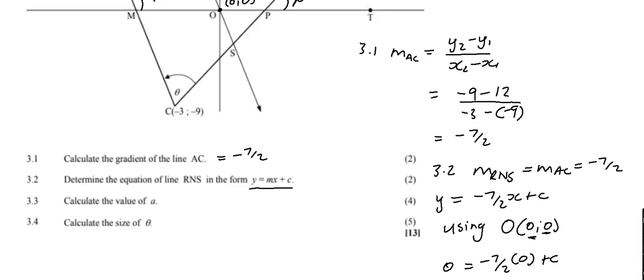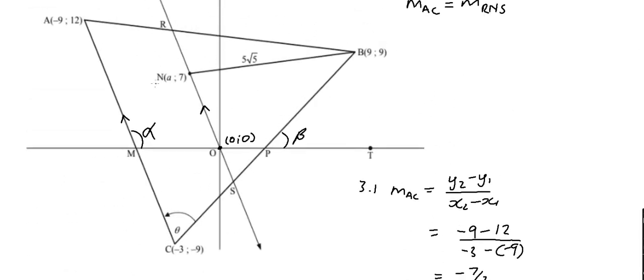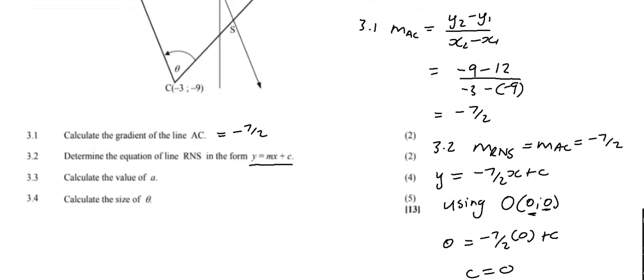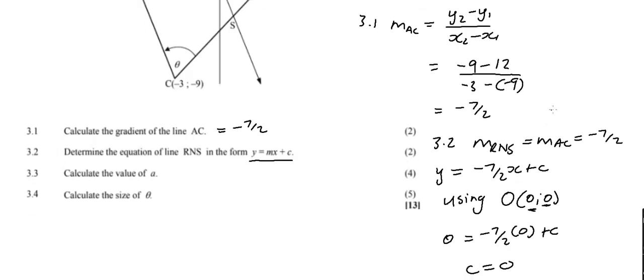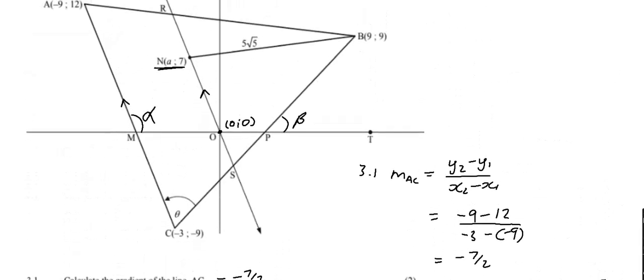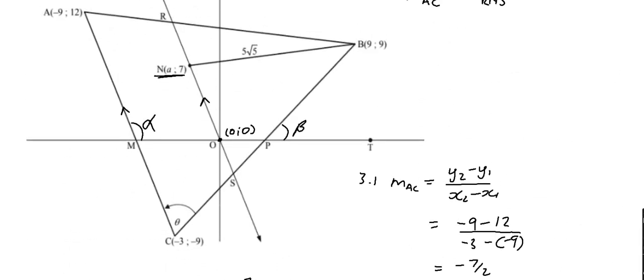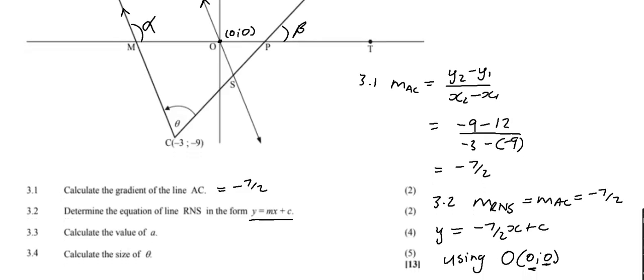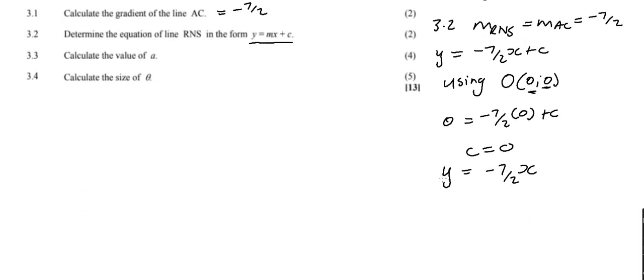They want us to calculate the value of a. This one here. a is the x coordinate of N. N belongs on the line RNS. Now to find the x coordinate of N, we must substitute the y coordinate of N in this equation here.